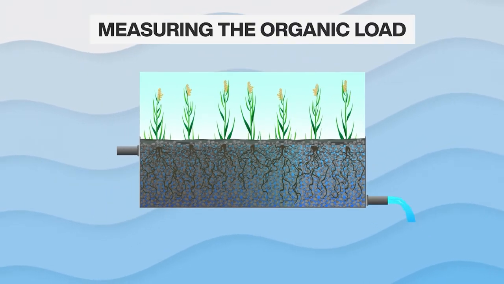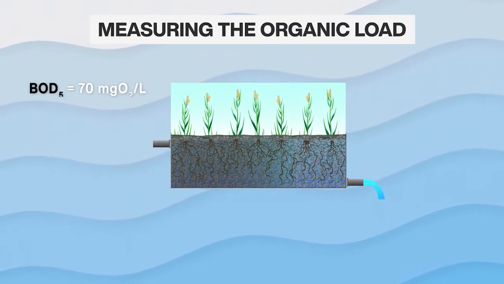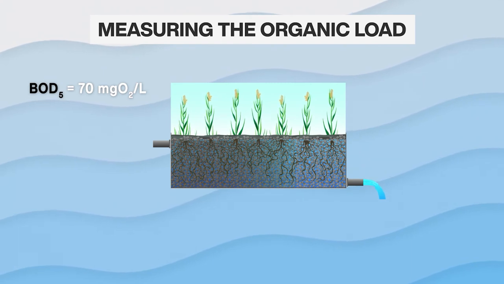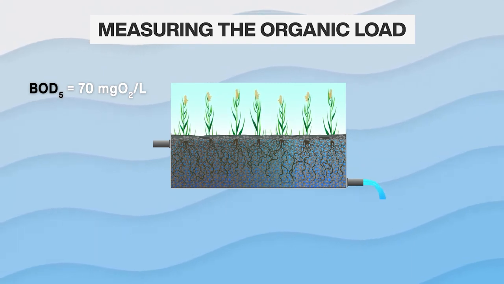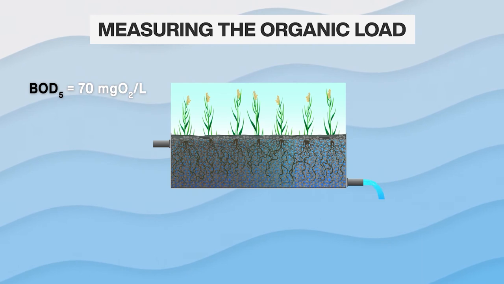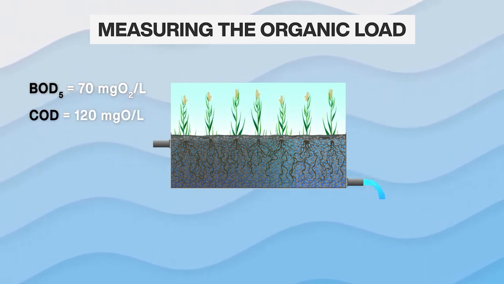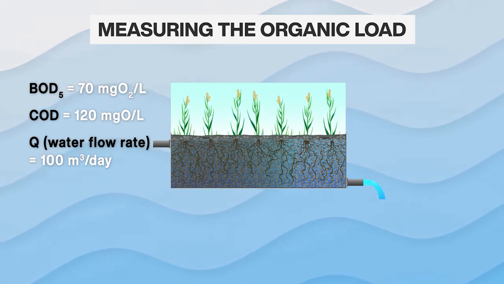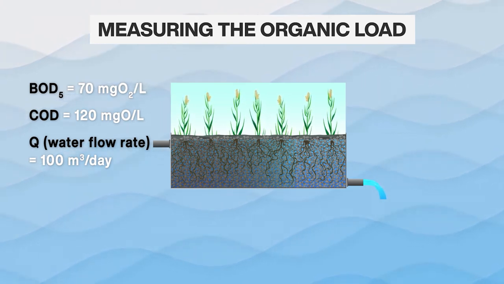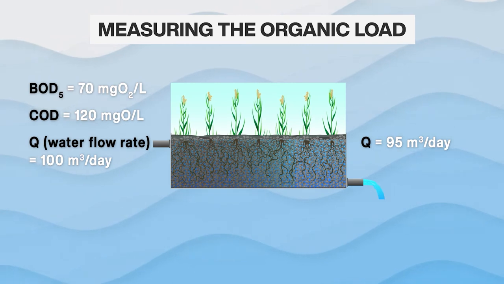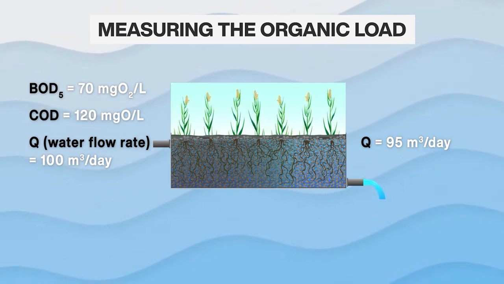Can you please write it up? Given BOD of organic matter content at the constructed wetland inlet is 70 mg O2 per liter, while COD is 120 mg O2 per liter. The influent flow rate is 100 cubic meters per day. Outlet water flow rate, including evaporation, is 95 cubic meters per day.